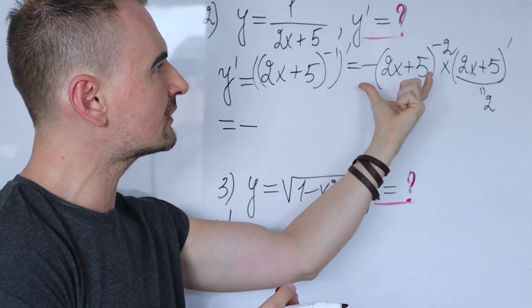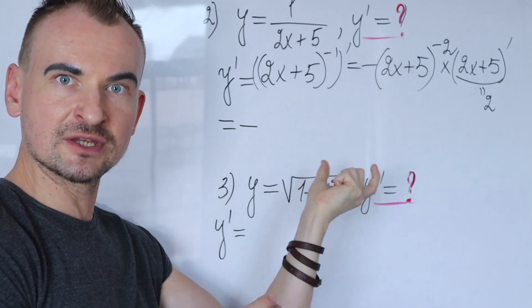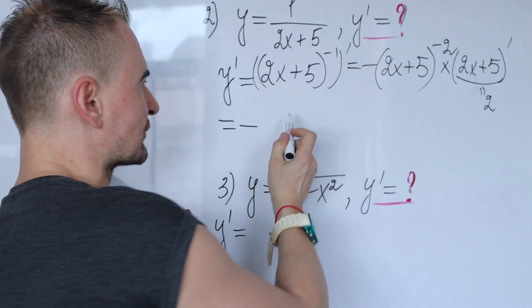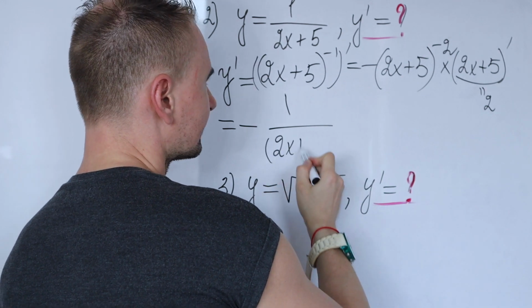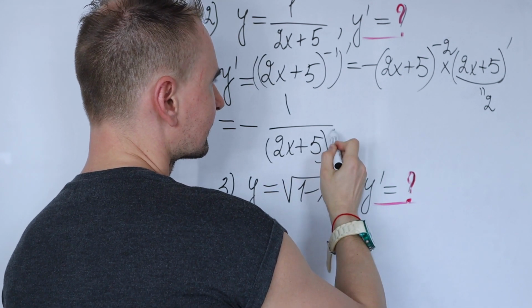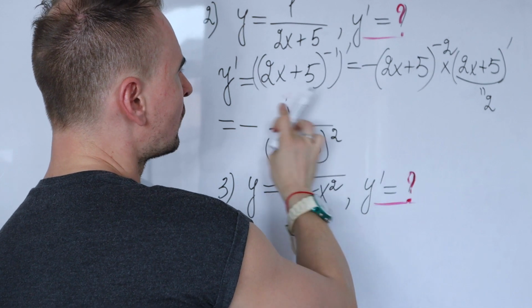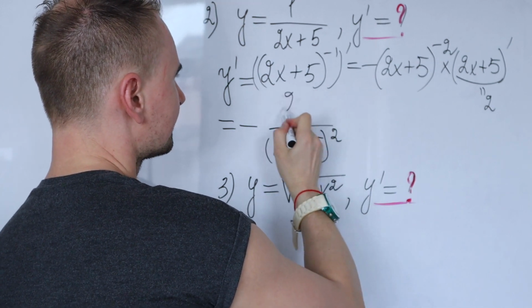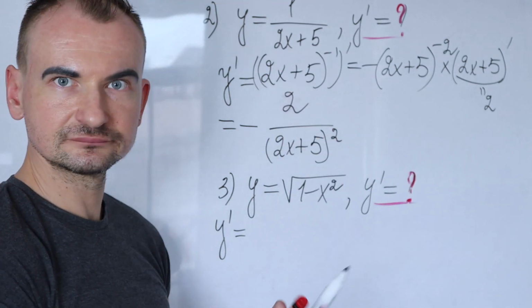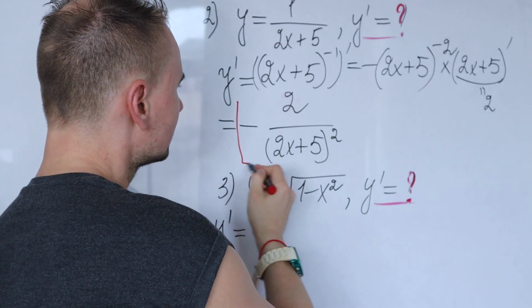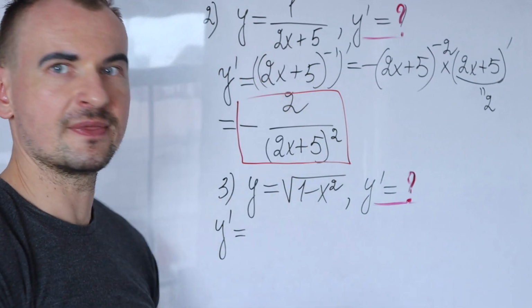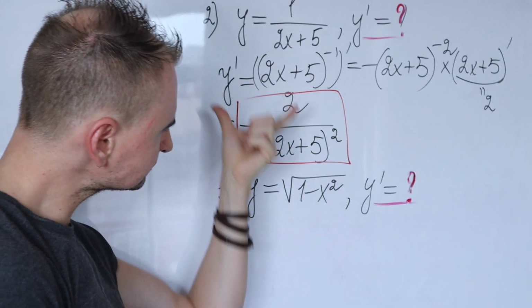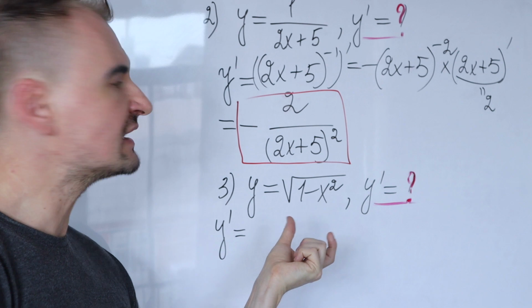So I'm going to bring this 2x plus 5 to the bottom by making it positive, so 1 over it. And we have this 2 on top. So this is your derivative for that one.